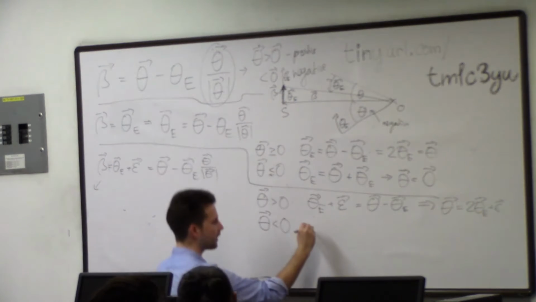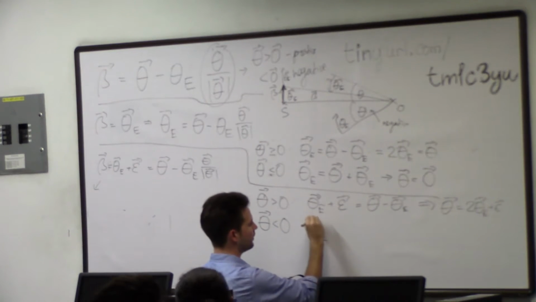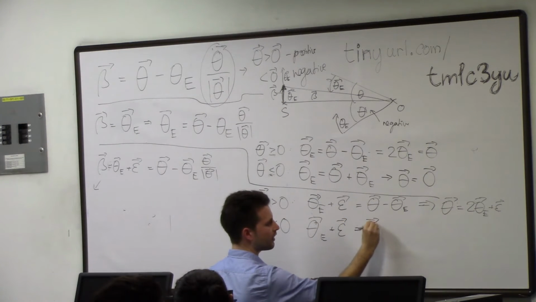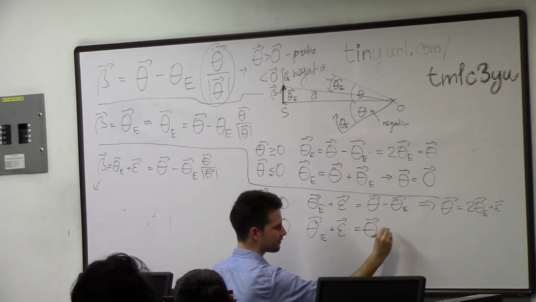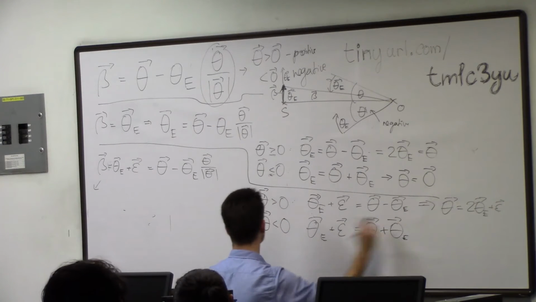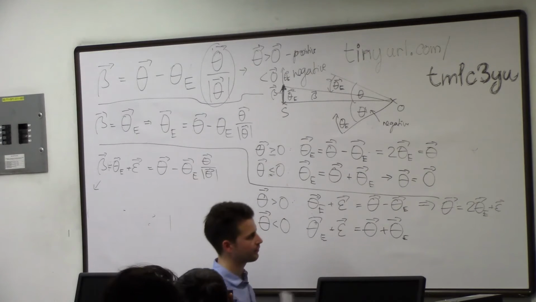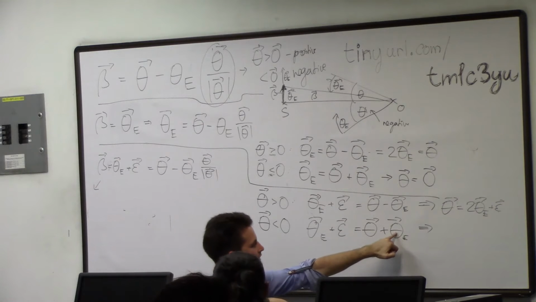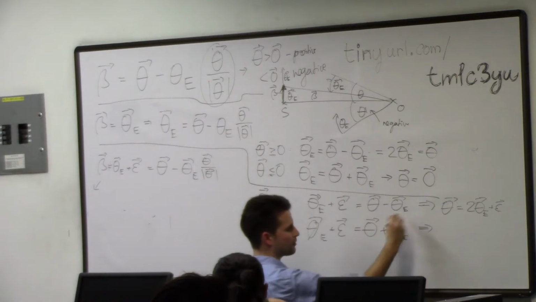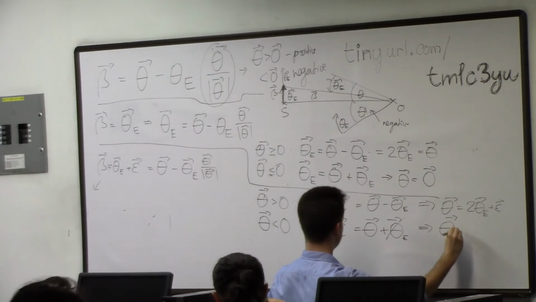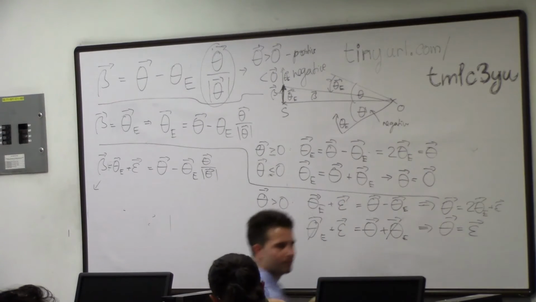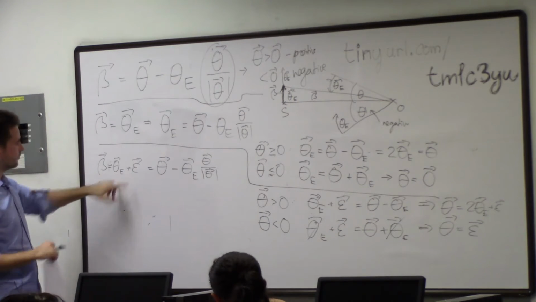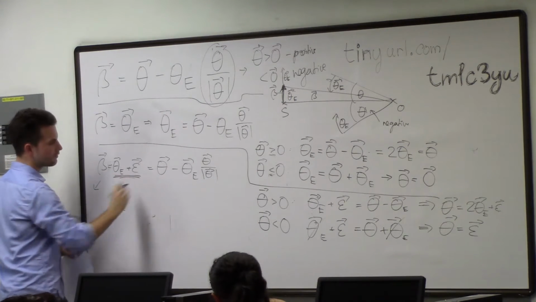And then you have, on one hand, theta Einstein radius plus epsilon equals theta plus theta epsilon, because the sign here gets reversed. And then, of course, we can totally solve this, right? Subtract theta epsilon from here, and you get theta equals epsilon. This is what we start with.